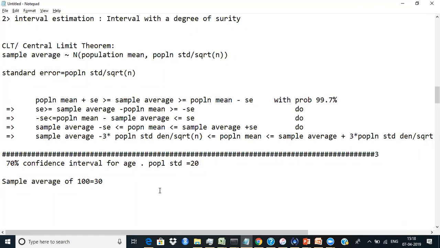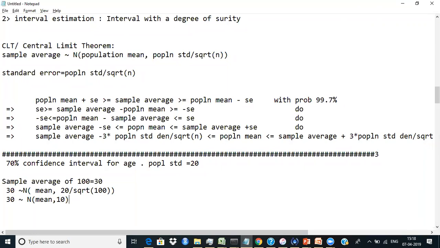So you know this 30 is coming from a normal distribution with a mean that you do not know, and a standard deviation equal to 20 by square root of 100. So 30 is coming from a normal distribution with a mean that we don't know and a standard deviation of 10.